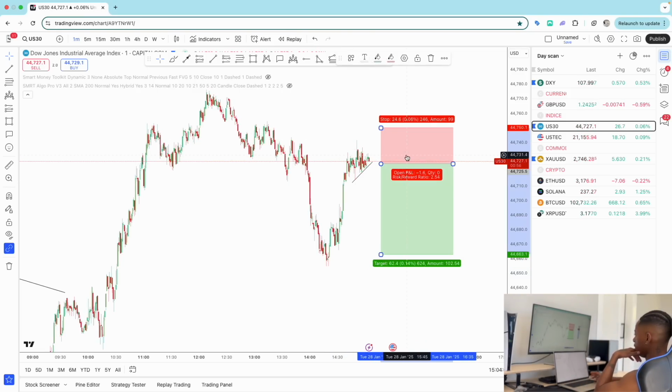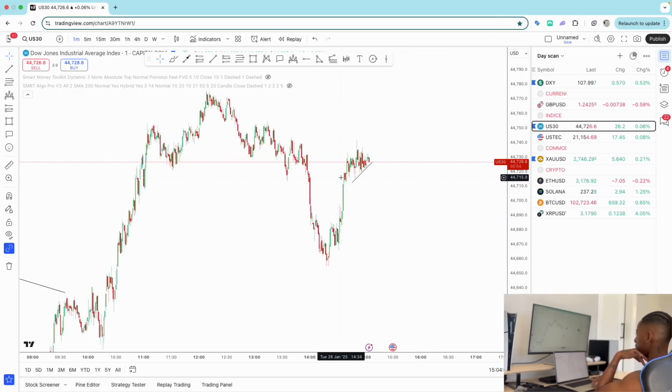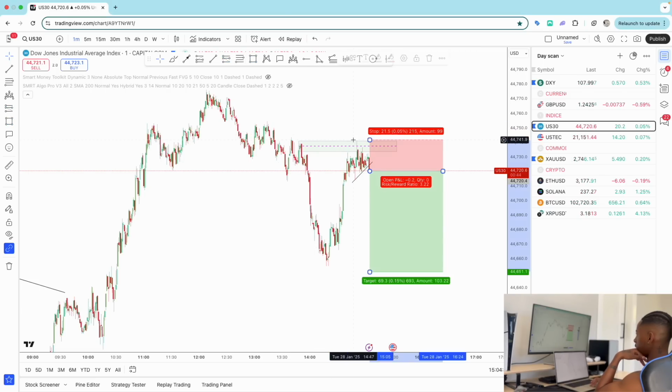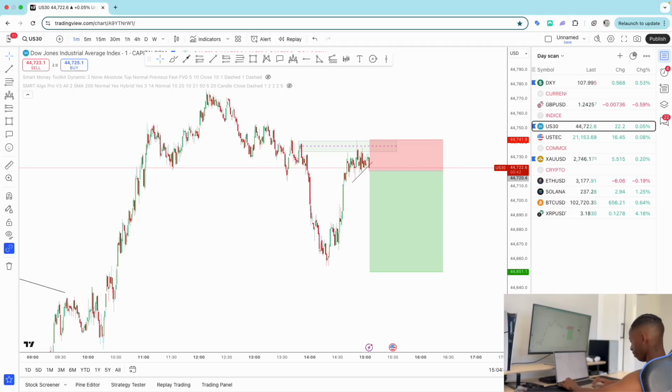Okay, let's see. Wait for the candle close. Yeah, already I can see with this area right here we have already, there we go. Okay, let's see. US 30.